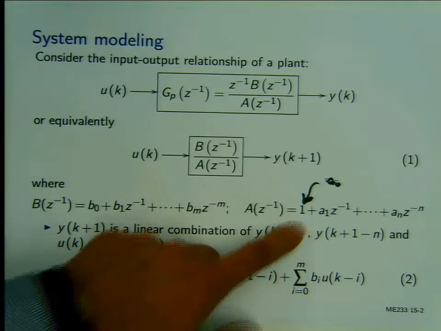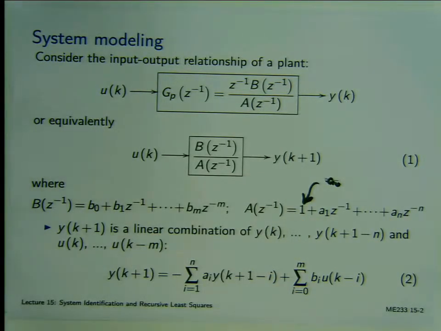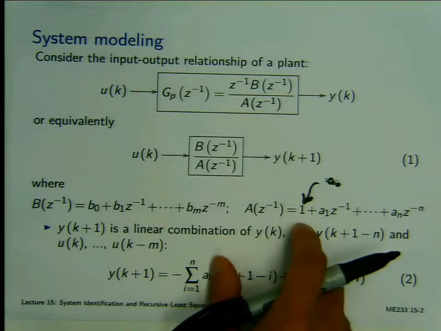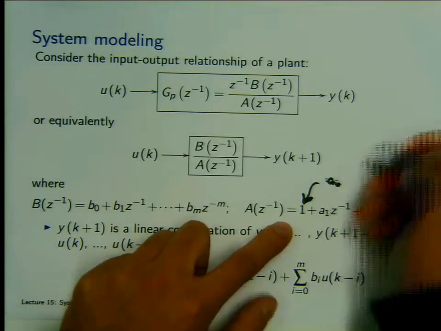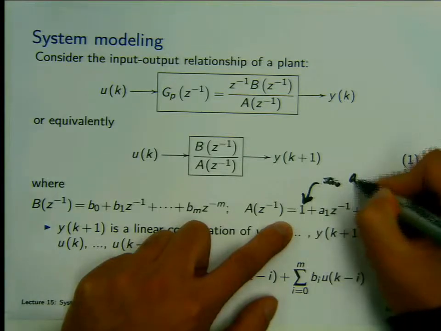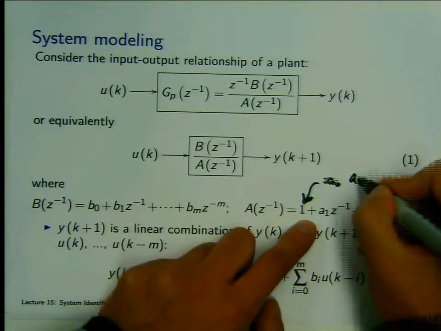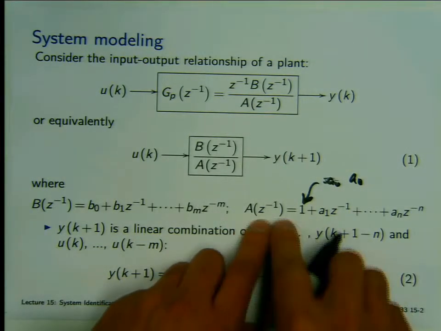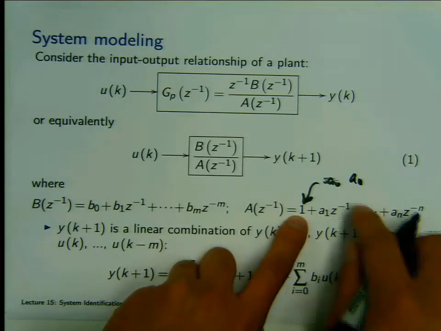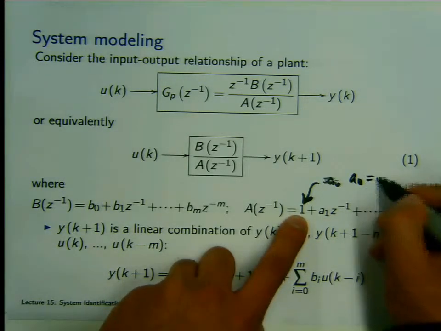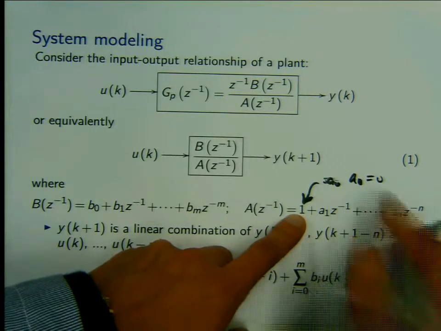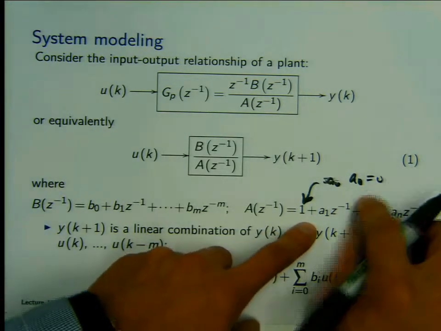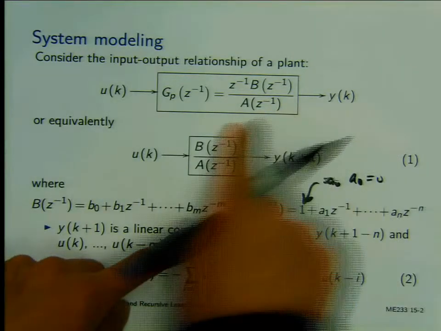This is a usual way to write a general transfer function model, because you will avoid this confusion. If you write it in a general form, let the first coefficient be a0, then it's possible to say a0 equals 0. And that will give you inconveniences when you analyze the transfer function model.